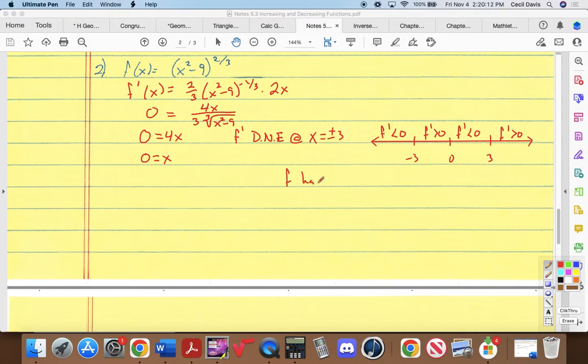So f has a local minimum at x equals negative 3 and at x is equal to positive 3. And f has a local maximum at x equals 0, where the derivative changed from positive to negative, which means the function changed from increasing to decreasing.